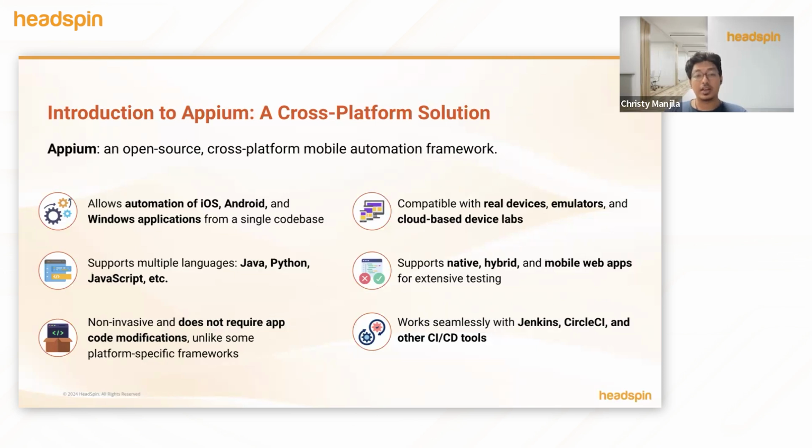There's an ease of use for Appium just because it supports a lot of languages. So it supports Java, Python, TypeScript, JavaScript, and even Ruby. I think that you can even run it on C#. Now, another thing is that it works with different kinds of applications as well.